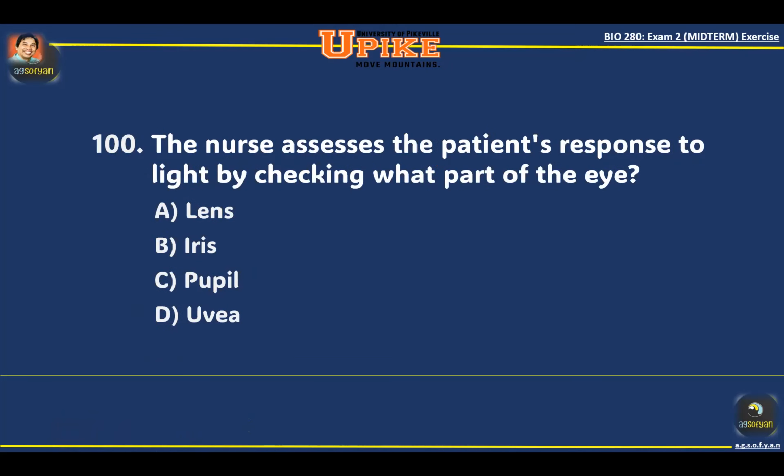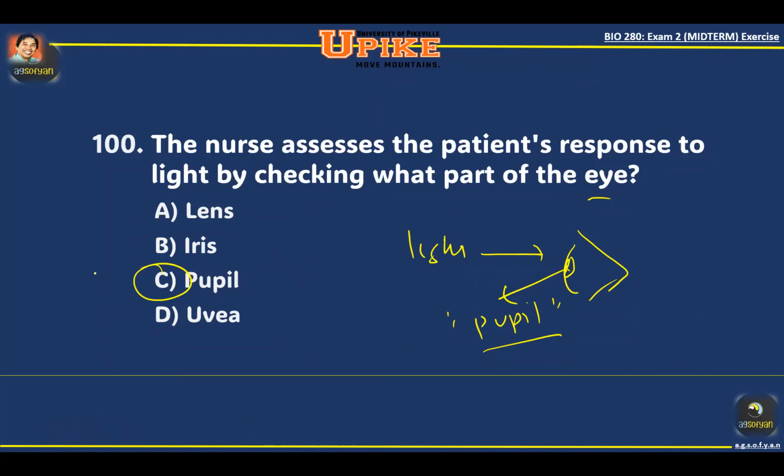The nurse assesses the patient's response to light by checking what part of the eyes? Light enters into the eyes through the hole called the pupil. So this will check the pupil, whether it opens wider or smaller.